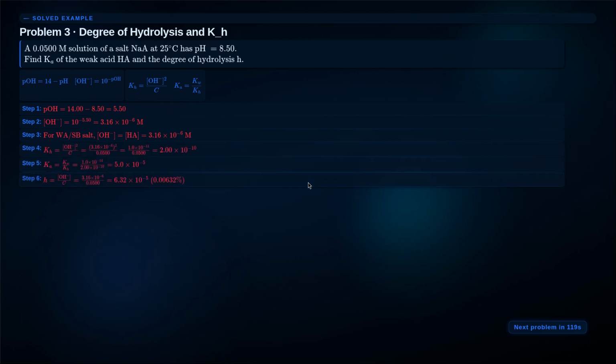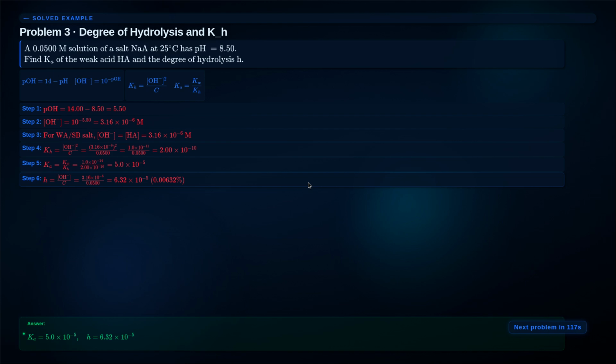Problem 3. A 0.0500 molar solution of a salt NaA at 25 degrees Celsius has pH equals 8.50. Find Ka of the weak acid HA and the degree of hydrolysis h. Step 1. pOH equals 14.00 minus 8.50, which is 5.50.